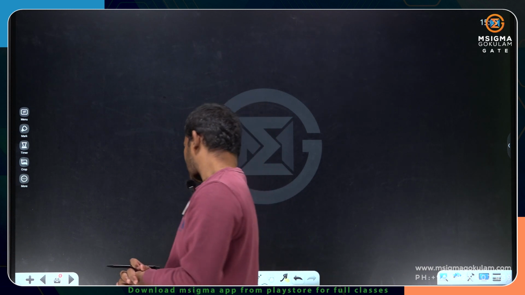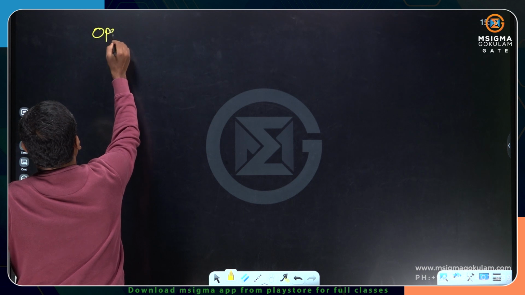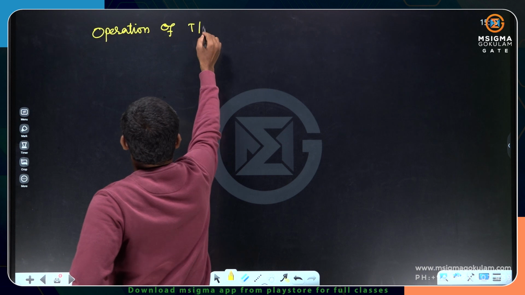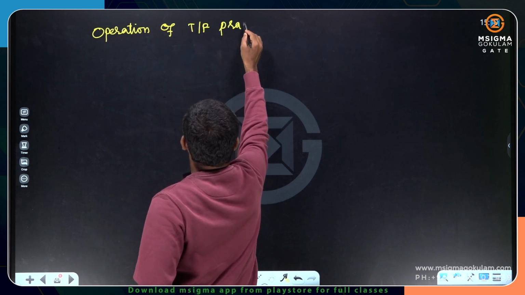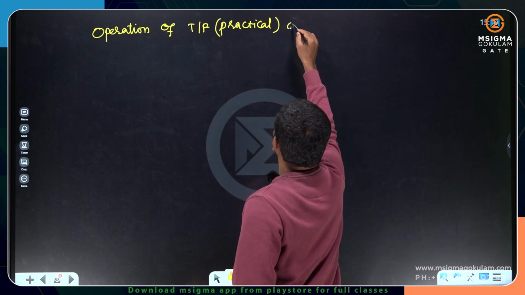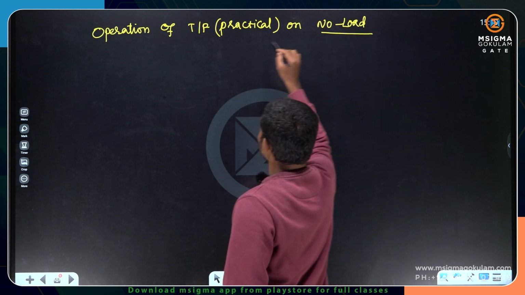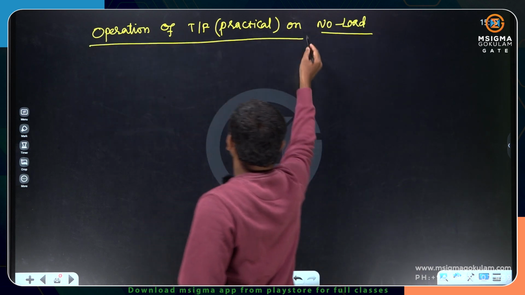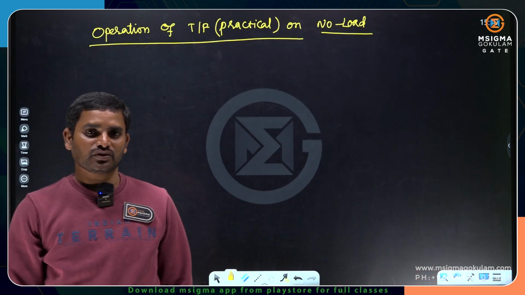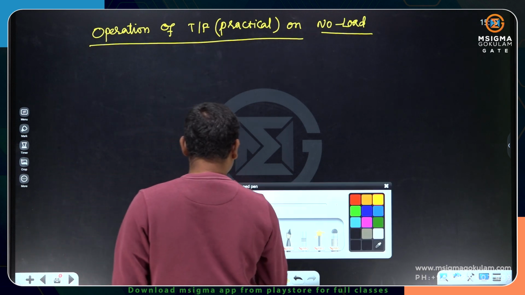So we will see the operation of the practical transformer on no load. Let us see the no load case first and then we will move on to the load case. All right, so let me take up a core here.